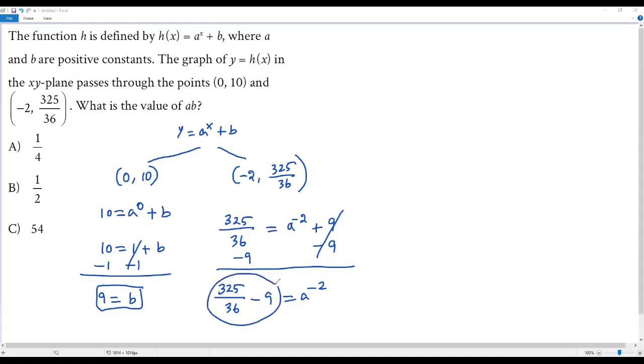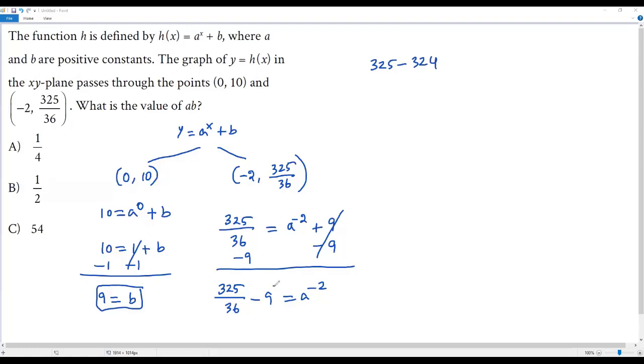Now I have to simplify this expression. Here we have a subtraction between a fraction and an integer. Whenever I do subtraction between a fraction and an integer, I have to multiply the integer by the denominator of the fraction. Then I can take 36 as a common denominator. When I multiply the integer 9 by 36, I get 324.